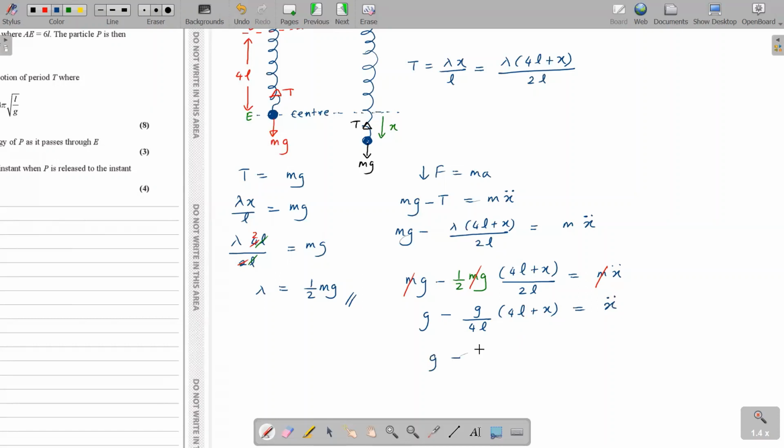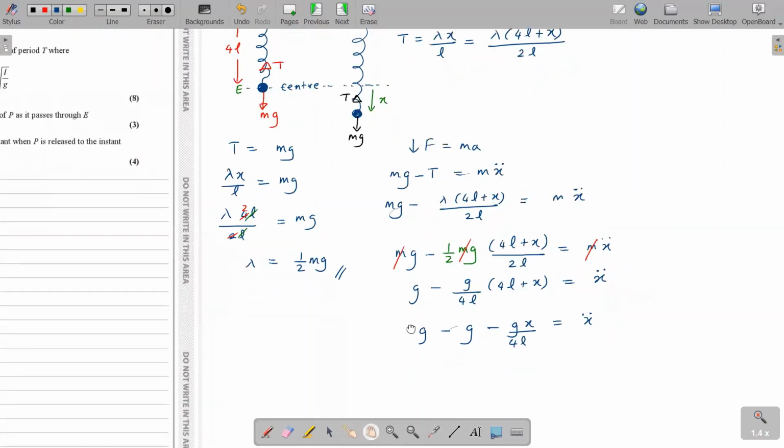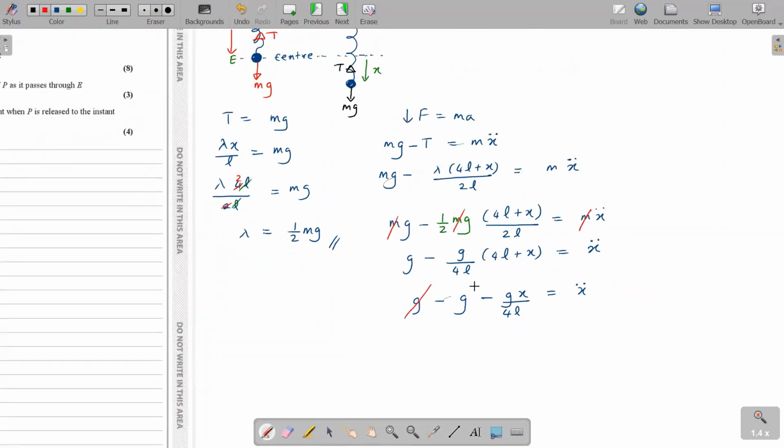When I open the bracket, g minus g over 4L into 4L, the 4L cancels out, so positive g and negative g cancel off. I'm left with minus gx over 4L, which is g over 4L times x.